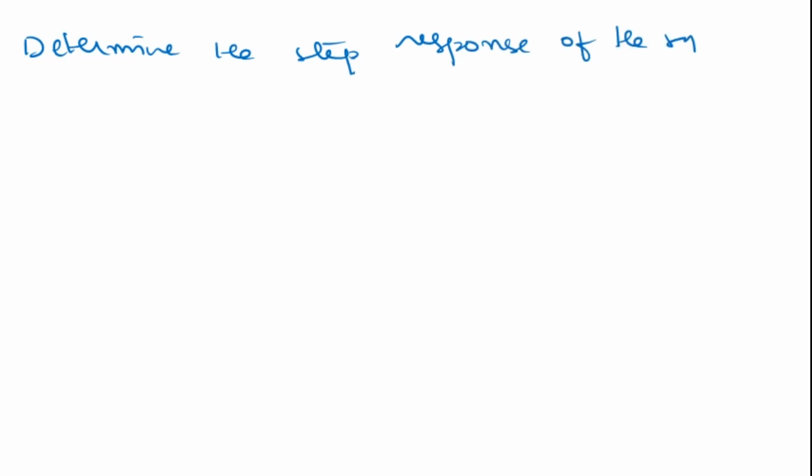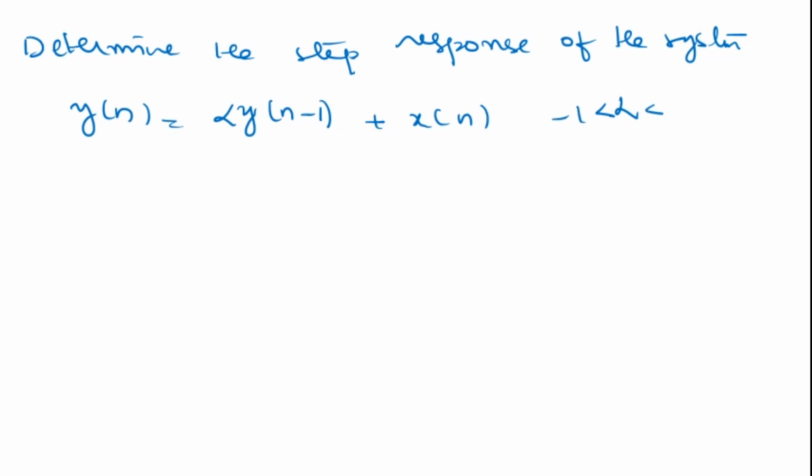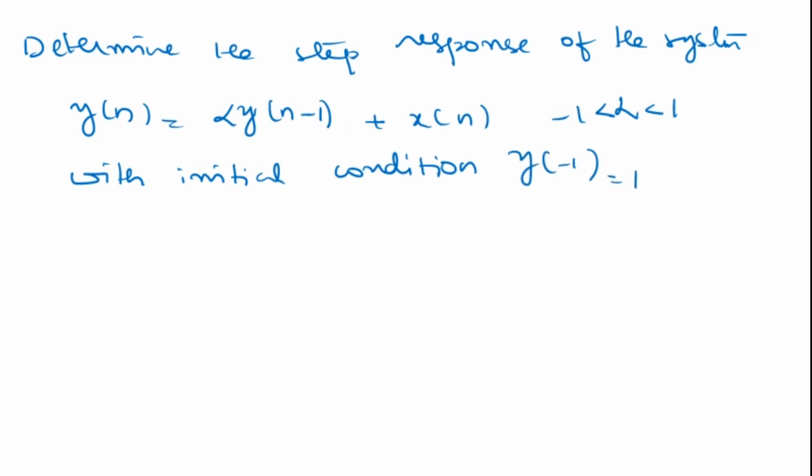Determine the step response of the system y of n is equal to alpha into y of n minus 1 plus x of n, where alpha varies between minus 1 to 1, with initial condition y of minus 1 is equal to 1.